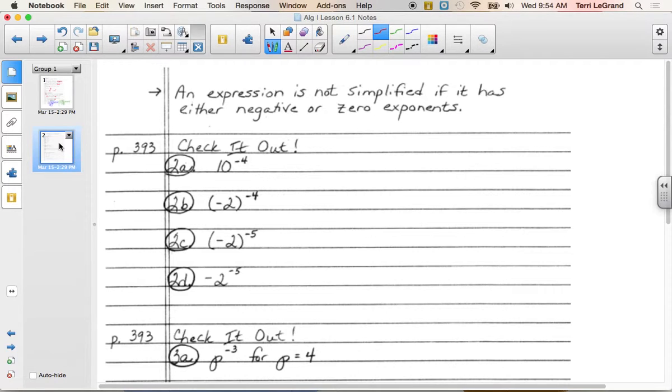So notice, you will get problems marked wrong on quizzes, tests, standardized tests, doesn't matter where you are, if you think one of the answers that you choose is correct when it still has a negative exponent in it or a zero exponent in it. It's not simplified yet. Just like if you start with, let's say, 50 over 100, and you first simplify that to 25 over 50, and you think you're done.